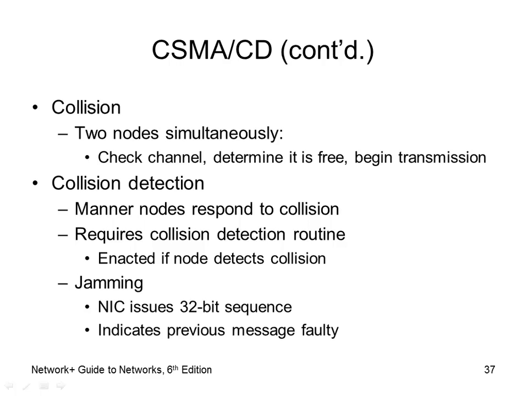So here, a collision: two transmit simultaneously. When a collision is detected, you've got to have some sort of routine to figure out what to do with it. The way that happens is jamming, a 32-bit sequence the network card sends, which indicates that the previous message was faulty.